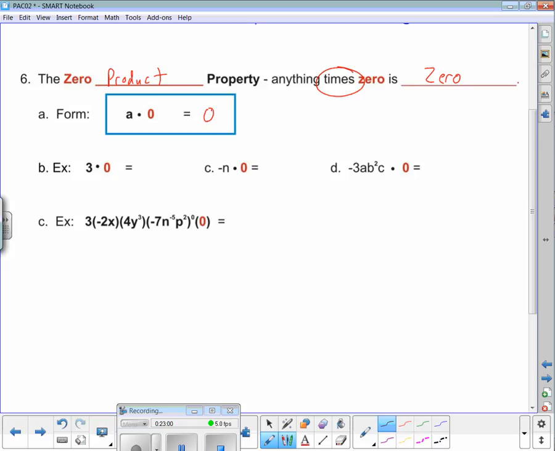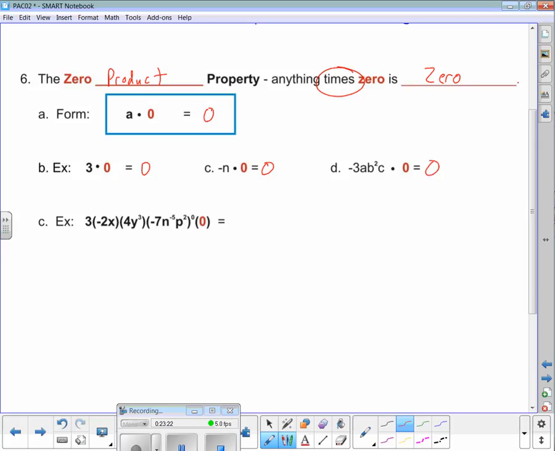So to finish this off, 3 times 0 is 0. Oh no, algebra. -n times 0. I'm quaking in my boots. 0. Oh, you guys, too quick. Oh, wait a minute. Here's a hard one. -3ab squared c times 0. All right.